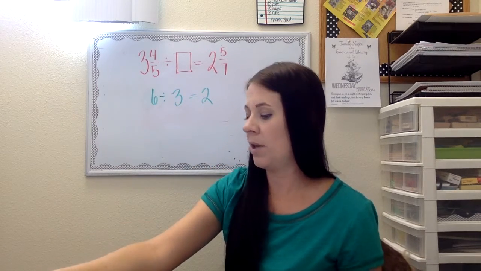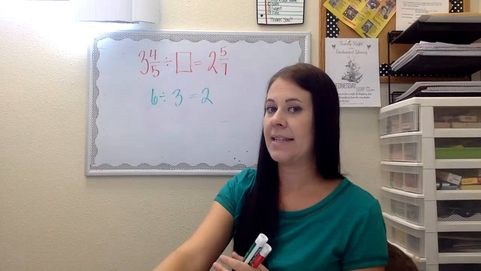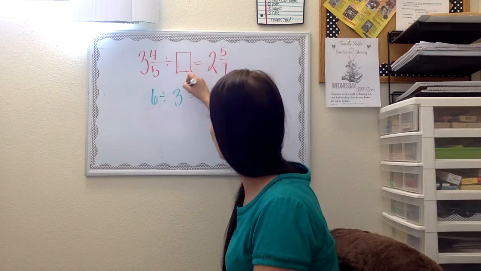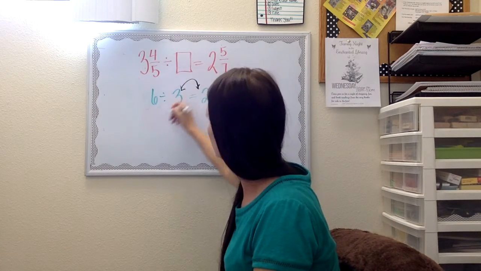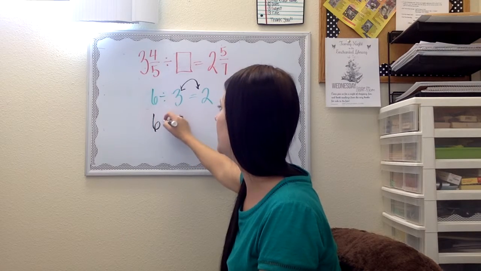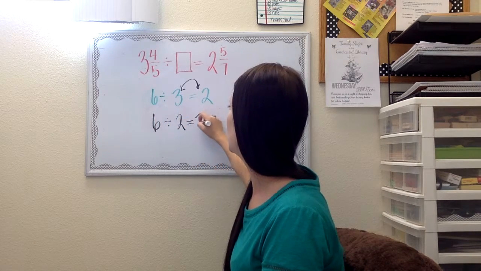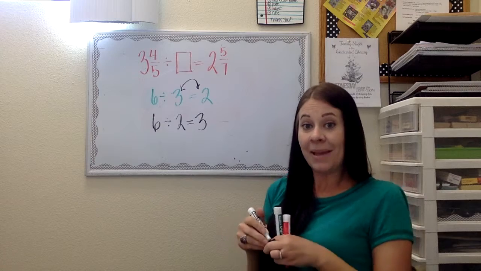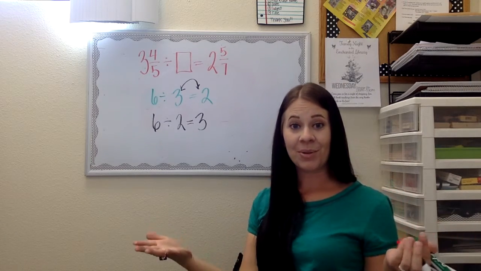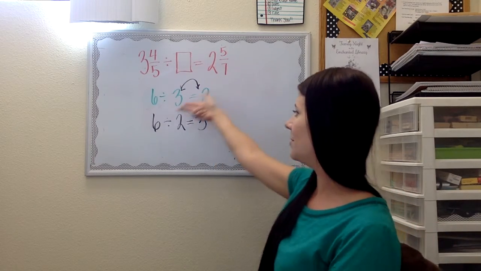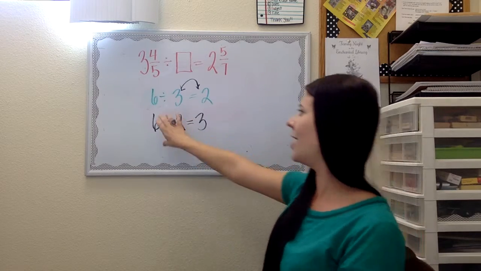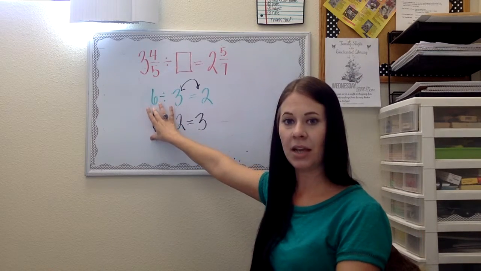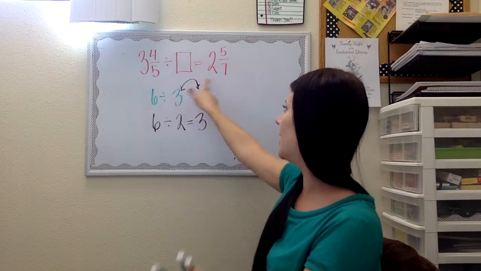What I want you to realize is if I switch these two, so I still have my 6 here, it still makes the statement true. 6 divided by 3 is 2. 6 divided by 2 is 3. As long as 6 stays in the first position, either number is going to get the other number.